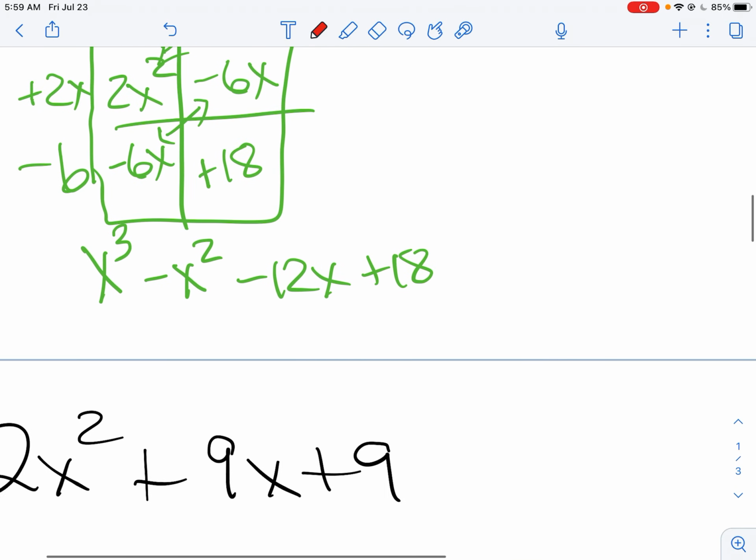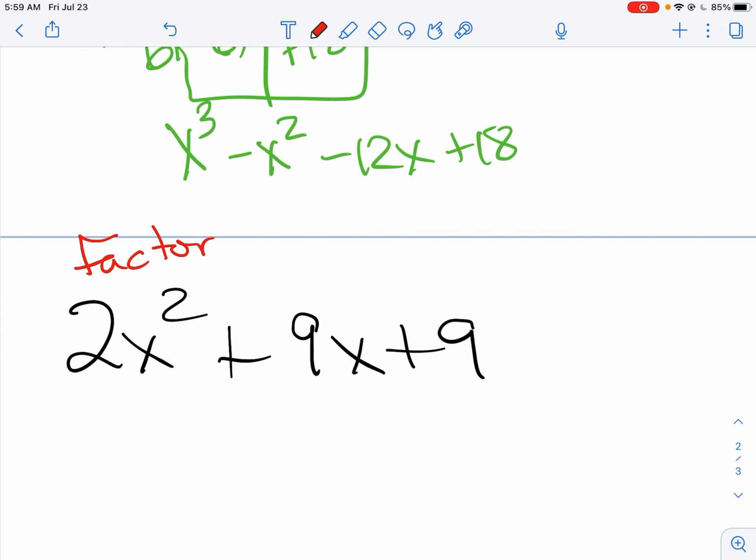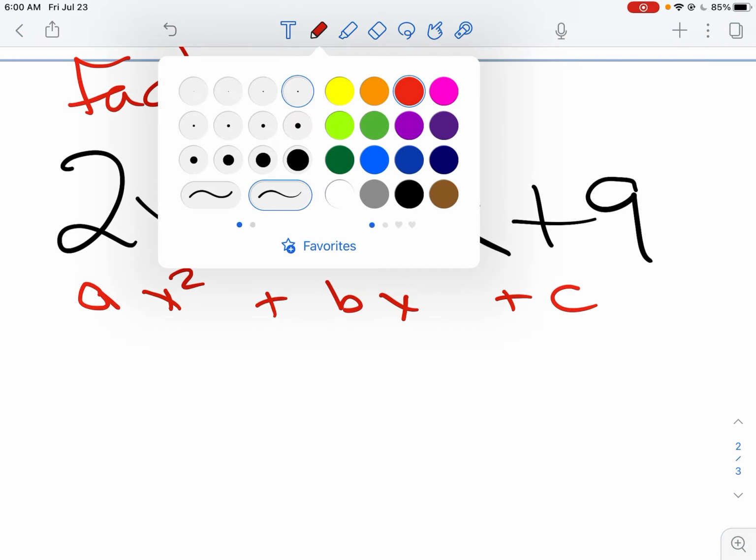We are going to be factoring. This is called ax squared plus bx plus c. And we're going to do something that has, they're not weird terms, they're just different terms than what you're probably used to hearing.